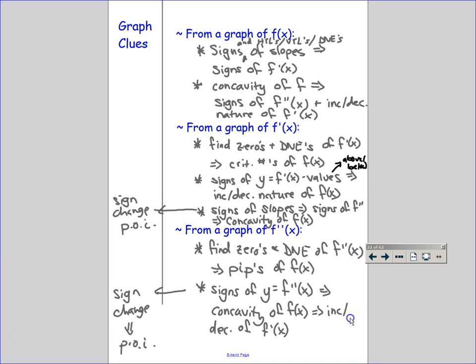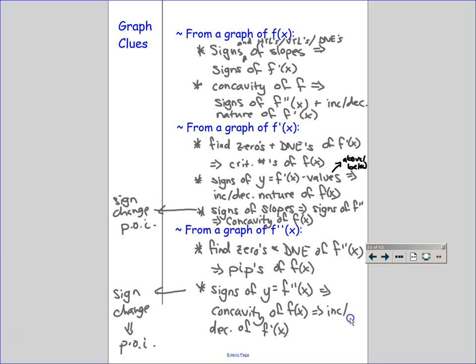Looking at all of these characteristics of graphs, of f and f prime and f double prime, what if that nasty problem was a calculator question? Could you have graphed the original function and found the point of inflection from the calculator?